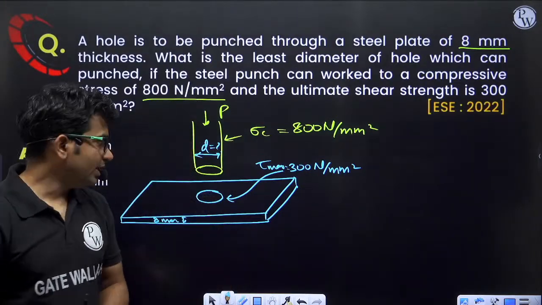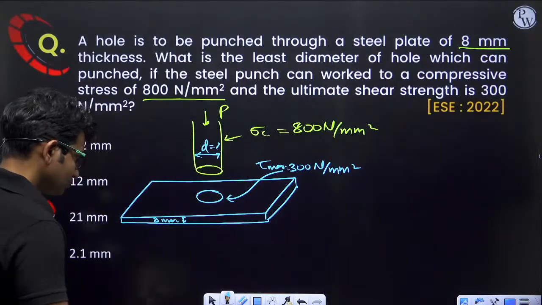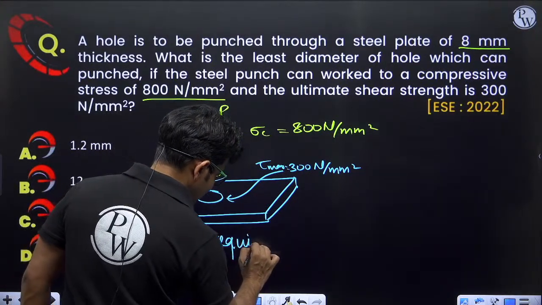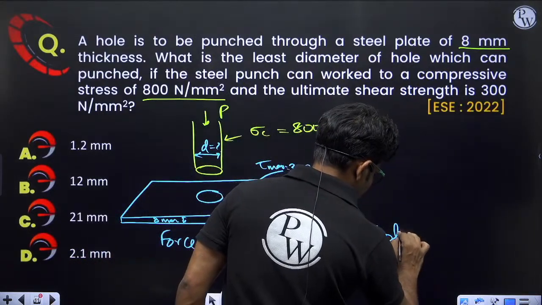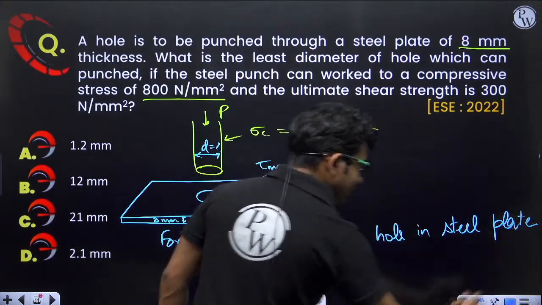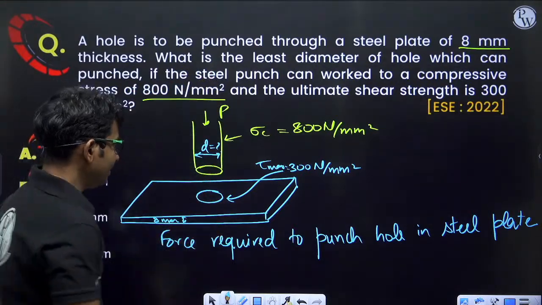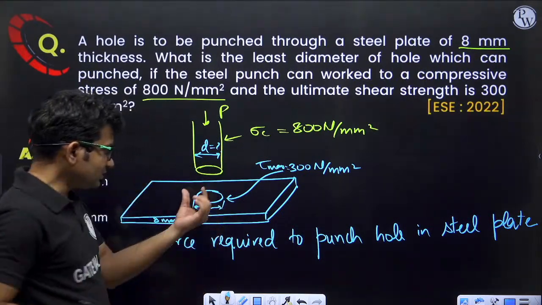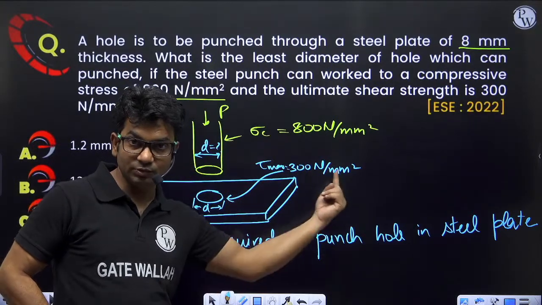So first let us calculate the force P required to punch a hole in the steel plate of diameter D. For this diameter D, how much force is required corresponding to the given shear stress?